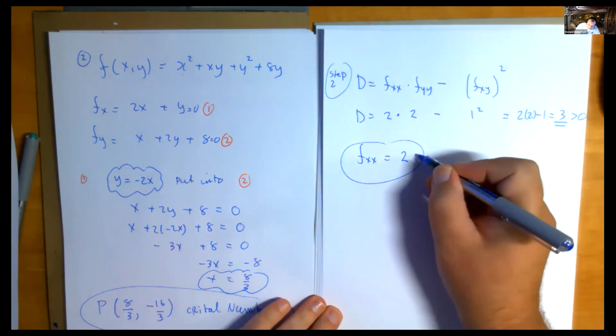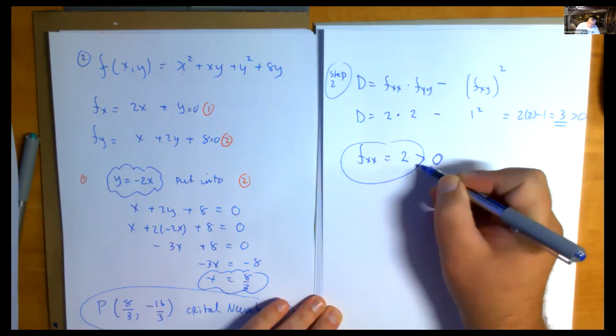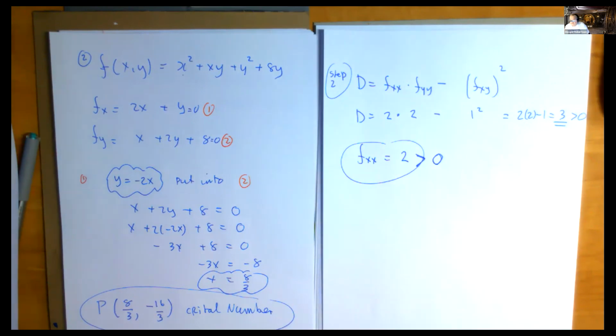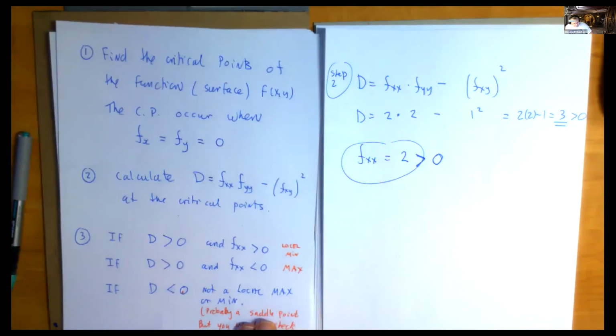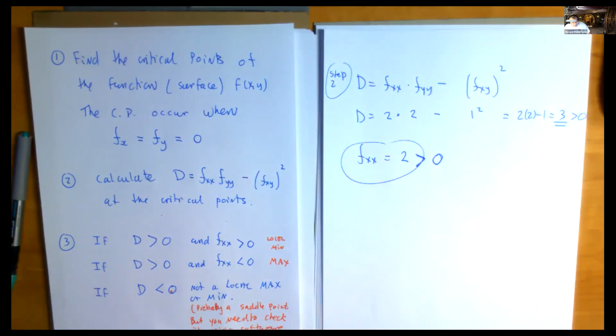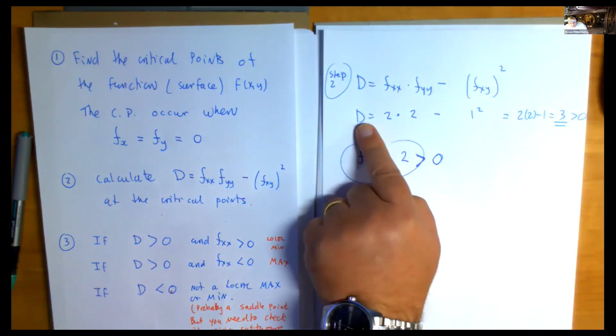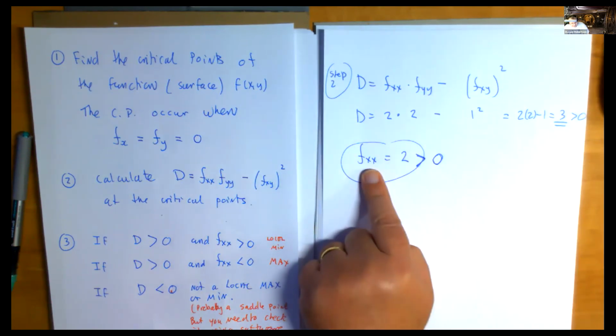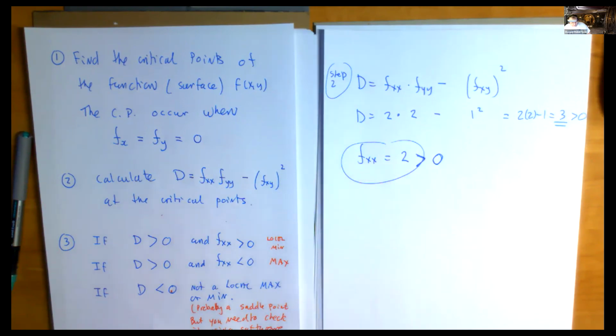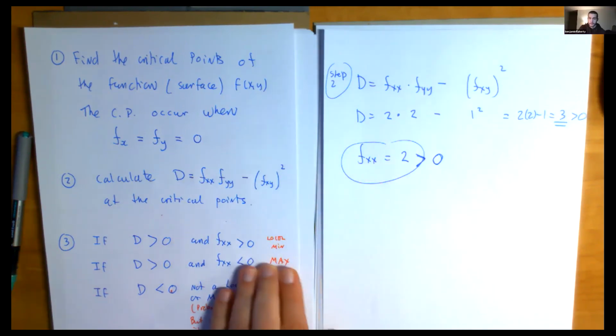By the way, isn't this number also positive? According to our hit list, what situation do you have when D is positive and the second derivative with respect to x is also positive? Local min. You have a local min.